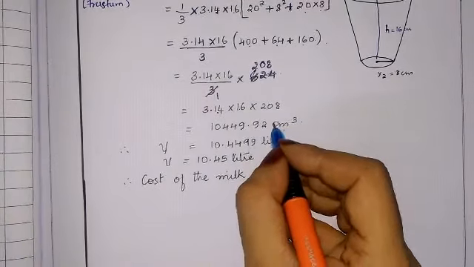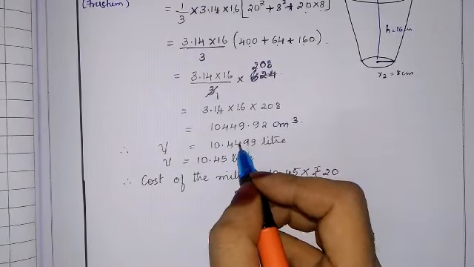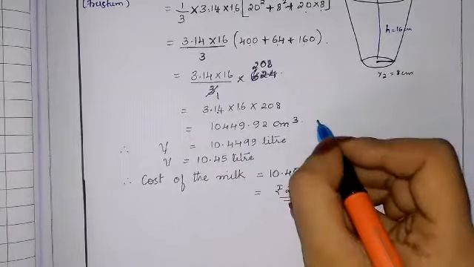I have written in centimeter cube, but they have told in liter. So how will we convert into liter? Divide by 1000.